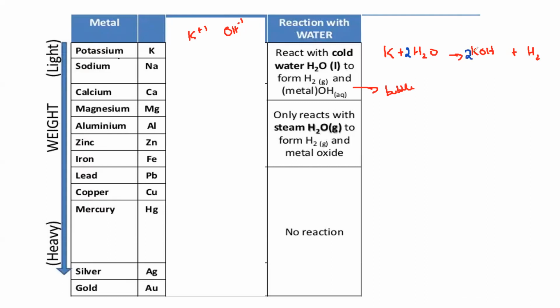So now it will be 2 plus 2. So 2 hydrogen plus 2 hydrogen, 4 hydrogen on the left, 4 hydrogen on the right. So hydrogen is balanced, oxygen is also balanced. And what about potassium? 2 potassium are there, so we will put 2. So potassium is also balanced. So this equation is balanced in terms of potassium, hydrogen and oxygen.